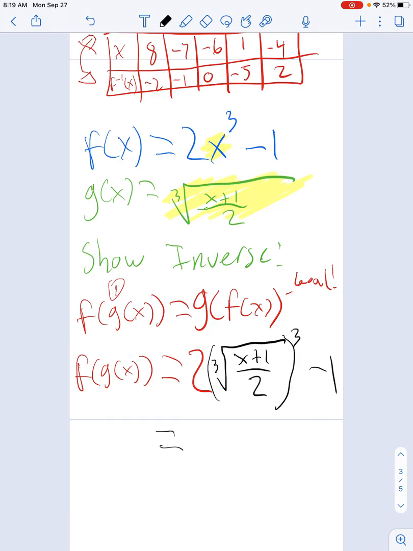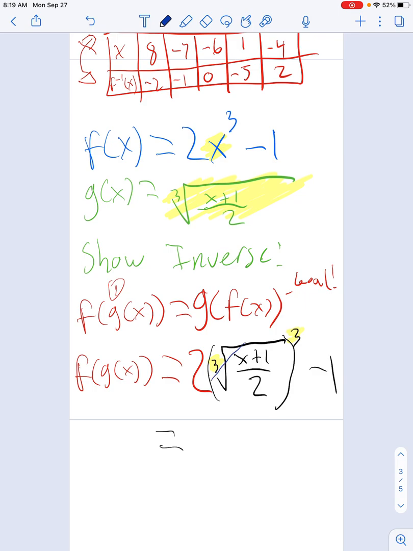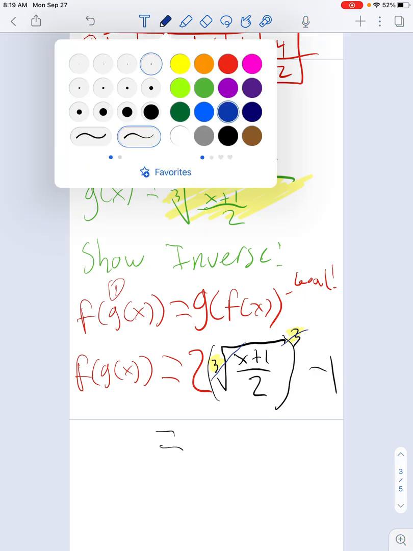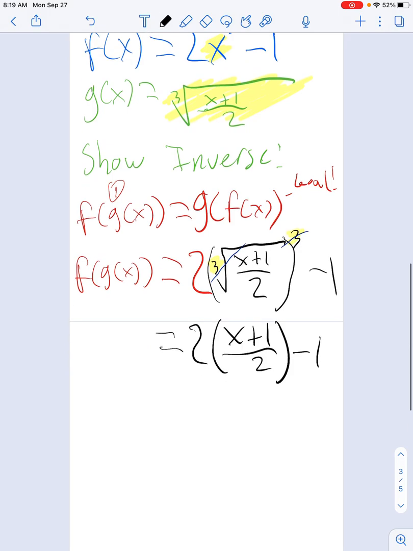Now it's nice because let's think about it. The cubed root and the third power are inverses themselves, and they're actually going to cancel out. So all I'm left with is 2, and again, it's still in parentheses, x plus 1 divided by 2 minus 1.